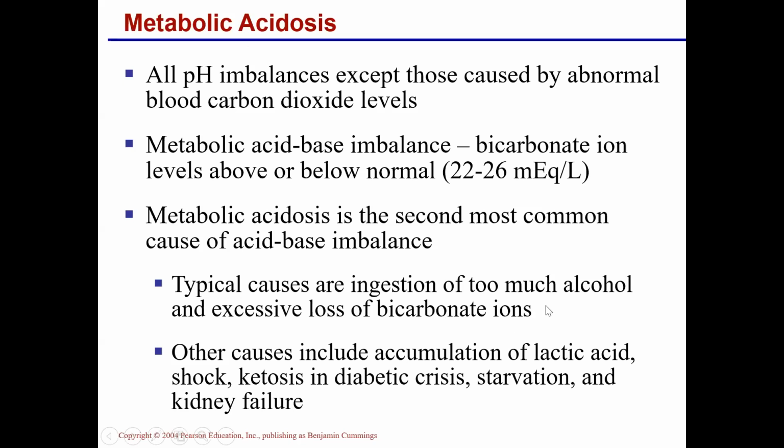This can be caused by, let's say, diarrhea. The bicarbonate ions should be absorbed from your GI tract. So if you have diarrhea, there's not enough time for bicarbonate ions to be absorbed into the blood, then you're going to have metabolic acidosis.